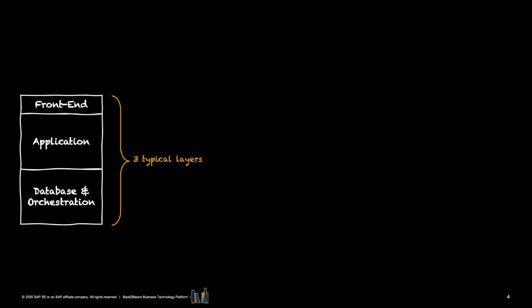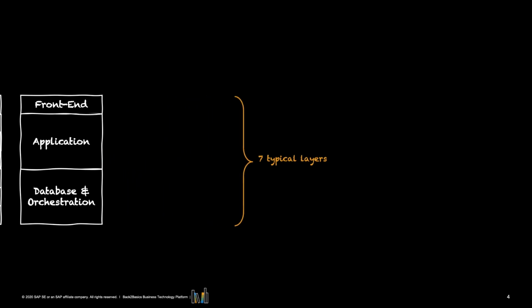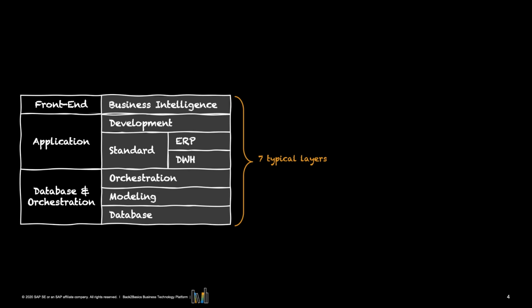If I expand those 3 layers a little bit, if I zoom in, I will typically find 7 layers. I will find 3 layers for the database and orchestration, these layers being the database itself, the modeling and the orchestration. Again, refer to the previous videos of this series to find the explanations about those layers.